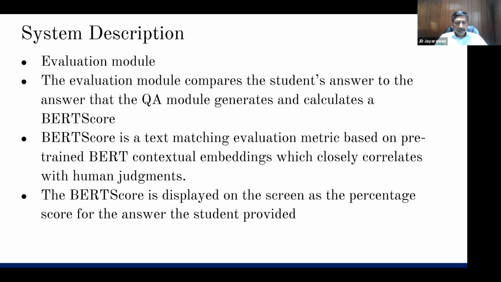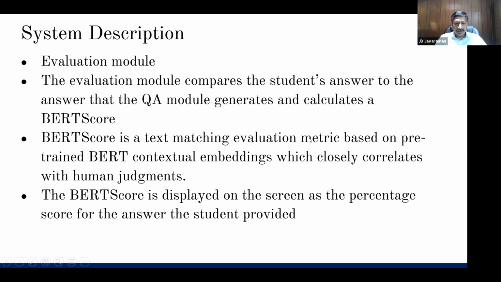The evaluation module compares the student's answer to the question answering module's answer. So in some ways, the student types in an answer, and the answer gets compared to the answer generated by the BERT QA model, which is technically the right answer, or the ideal answer. And it calculates what's called a BERT score.